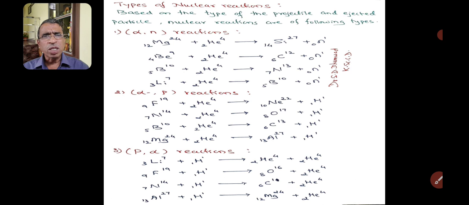Similarly, nitrogen 7, 14, when bombarded by a proton, gives carbon 6, 11 and helium, that is, an alpha particle.